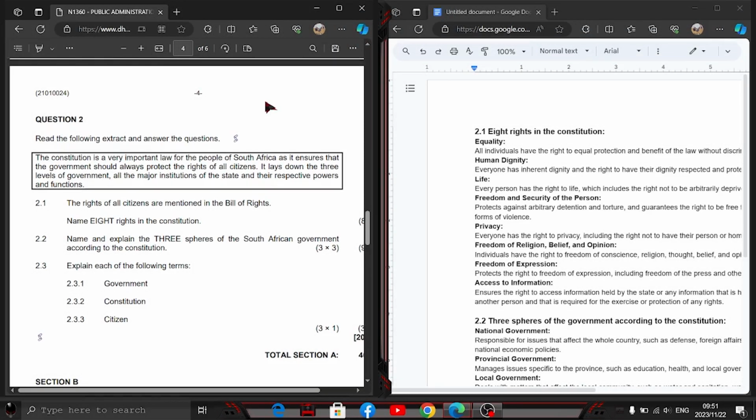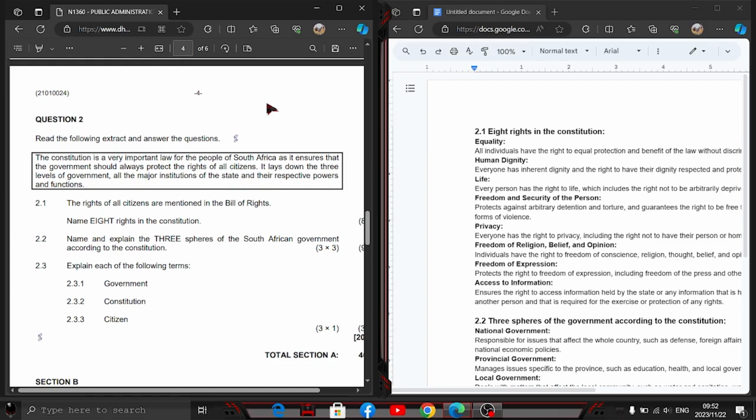So we understand that as human beings, we have this particular thing called the Bill of Rights, which are basically rights that everyone is entitled to as an individual, as a citizen of this country.